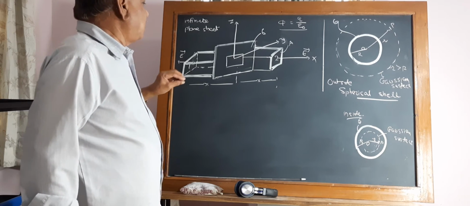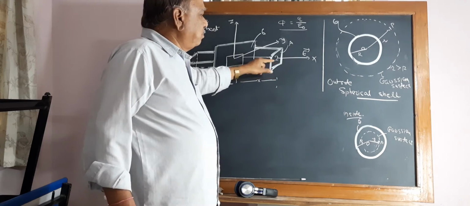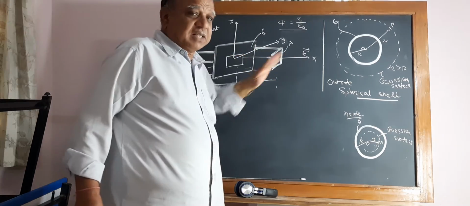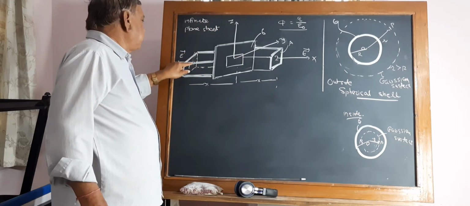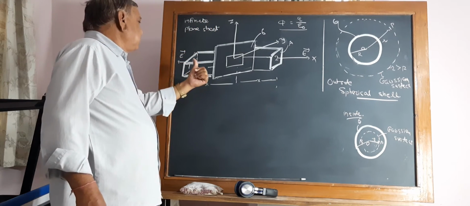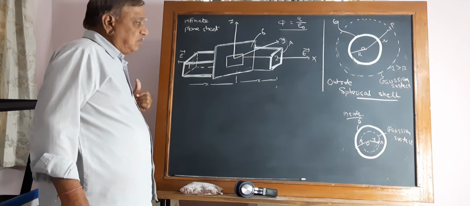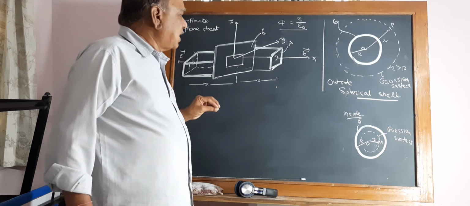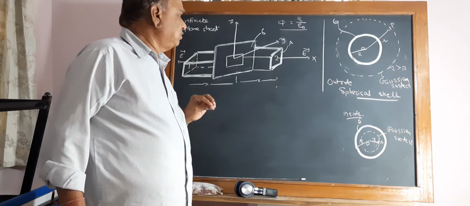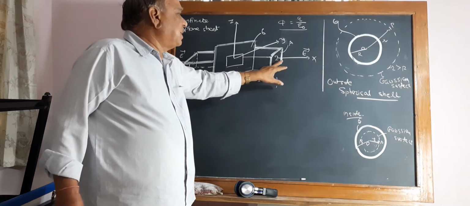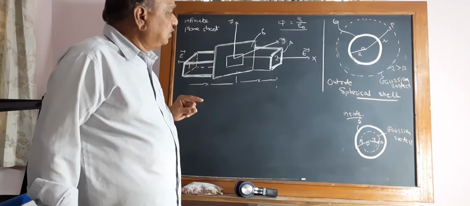Here at surface 2 the field will be along positive x, while at surface 1 the field will be along negative x. Fields are equal in magnitude but opposite in direction.